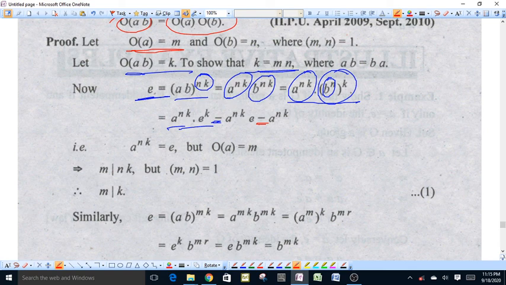That is A raised to power Nk is equal to E, but the order of A is equal to M, therefore M divides Nk, but M and N are relatively prime, therefore M divides K.